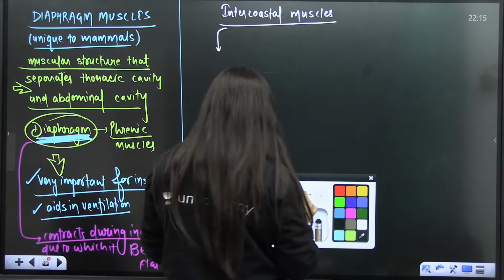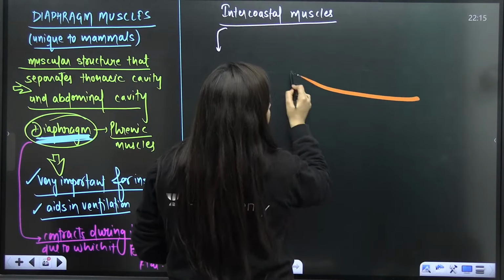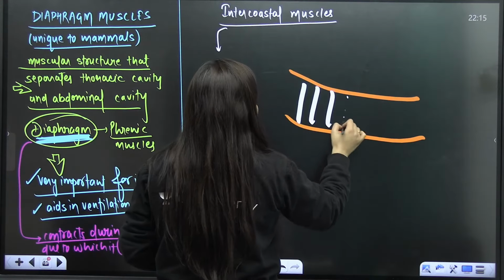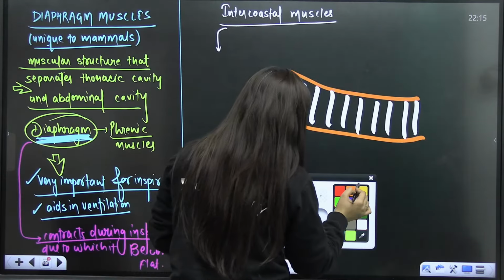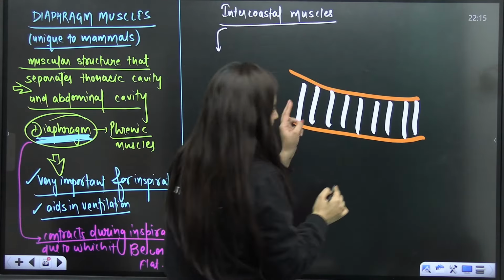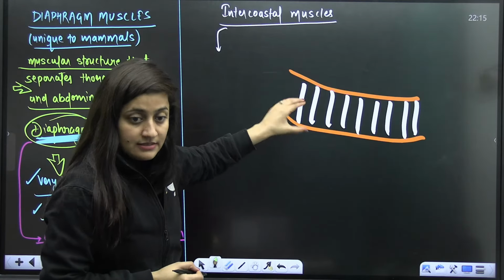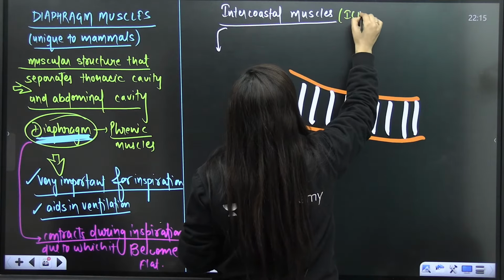Just now I told you about the ribs. So let's see, these are your ribs. In between these ribs, the muscles we are talking about are the intercostal muscles. That's not exactly how they are arranged, but I'm just showing you here. For intercostal muscles, I'll use the short form ICM.